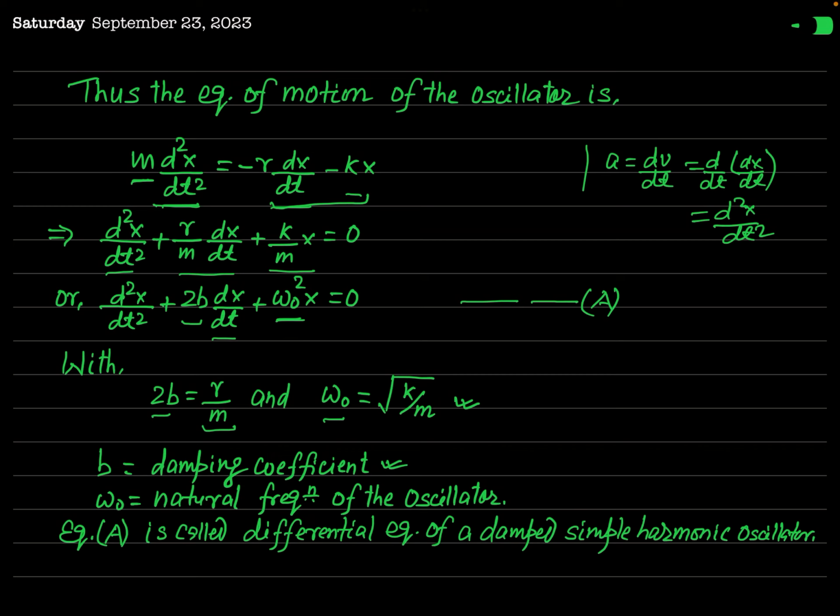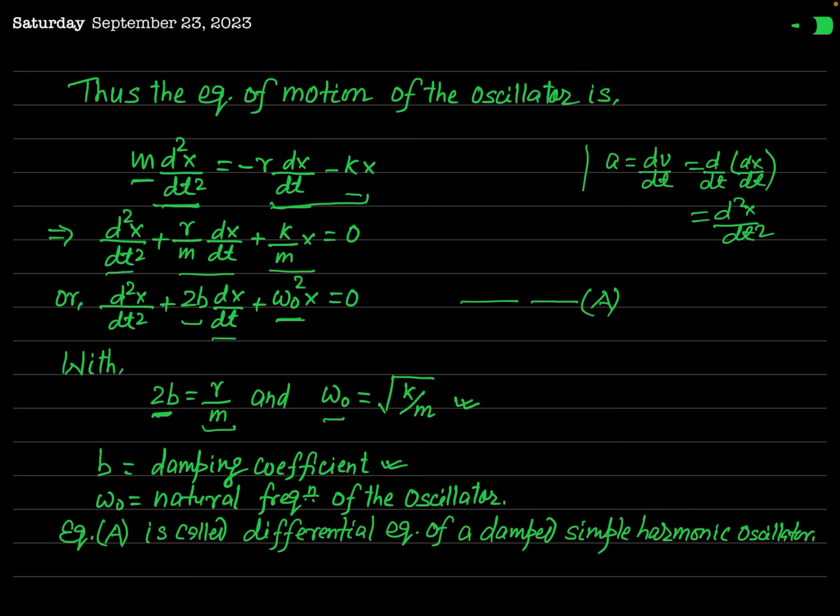Actually, I have written the constant in the form 2b, not simply b. You can write only b, but this factor of 2 has been taken in this constant for convenience. Later on, we will have a quadratic equation, and if you write this constant like 2b instead of b, then you will see that the roots of that quadratic equation will be obtained in a simpler form.